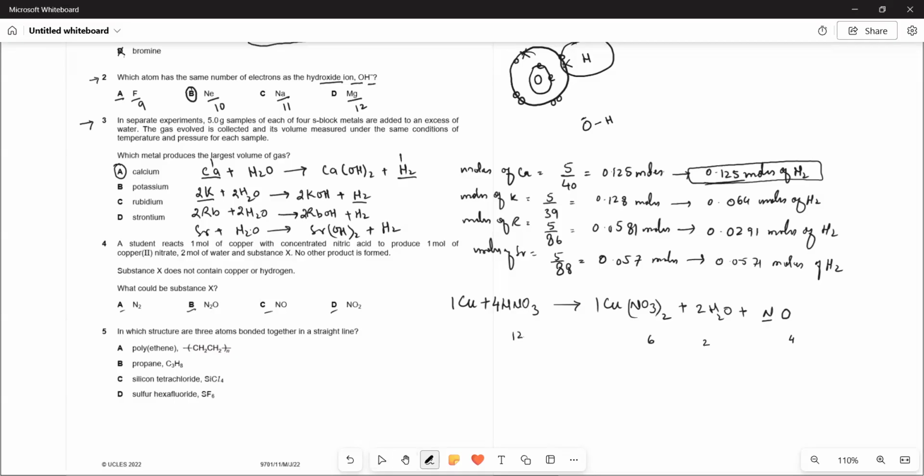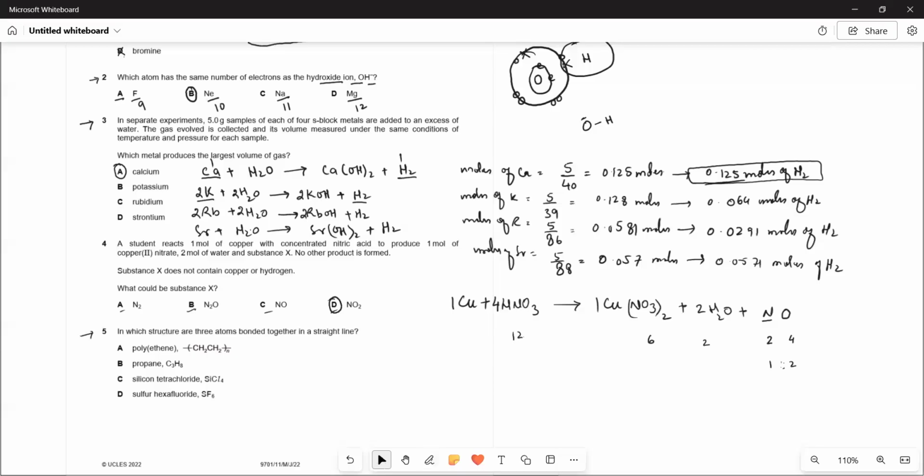And how many nitrogens? 2. Clear? So the simplest ratio between nitrogen and oxygen is 1:2. So we have only one option with this ratio between nitrogen and oxygen, and that is option D, right?